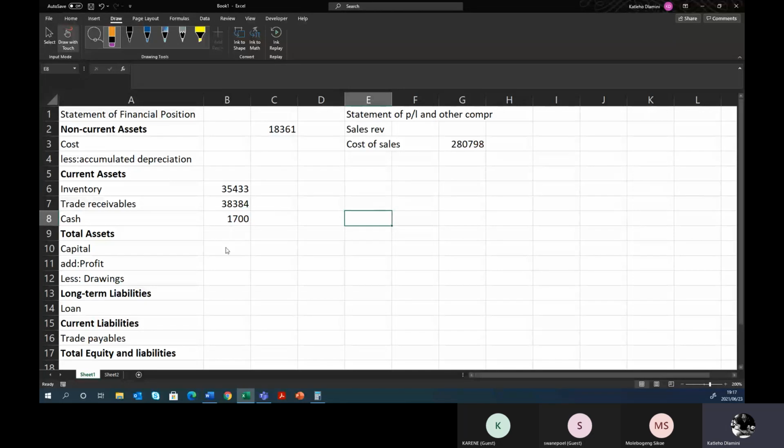Why isn't my thing working now? That's weird. I can't even see my formulas now.